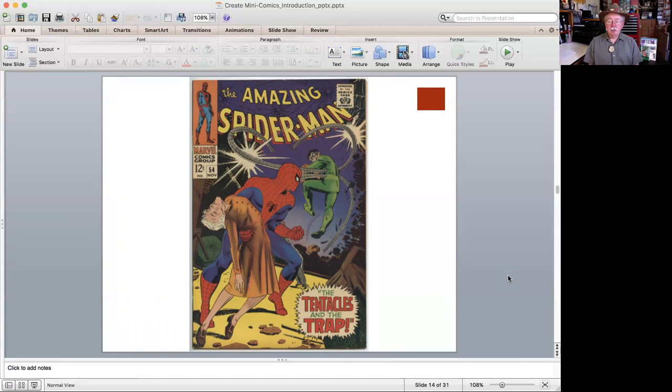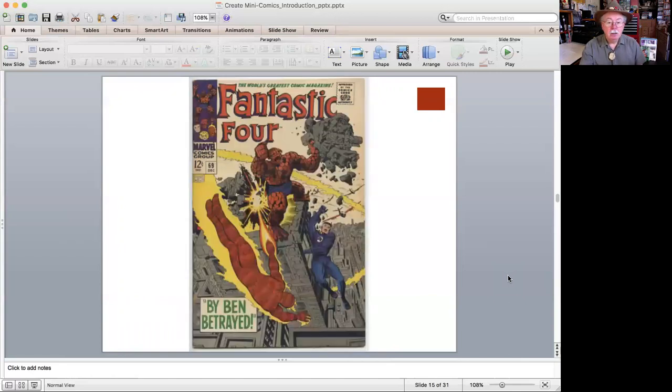These comics were The Amazing Spider-Man number 54 and Fantastic Four number 69. These two comics came out the same week that I, after my bowling league on Saturday mornings, would go to the Rexall drugstore and buy comics. These were the first two comics that I bought.